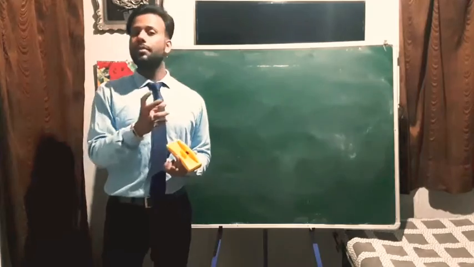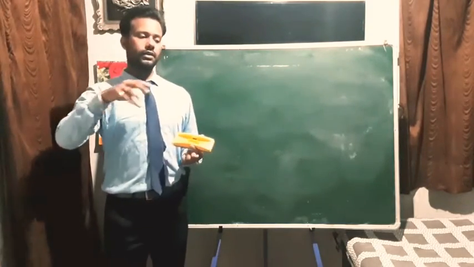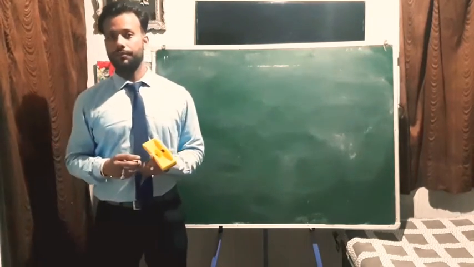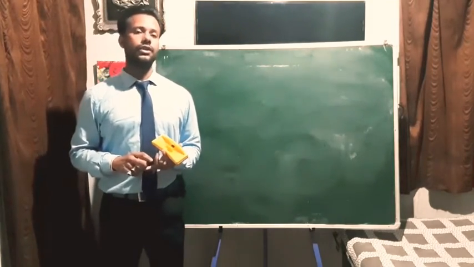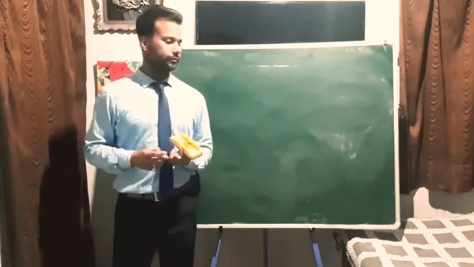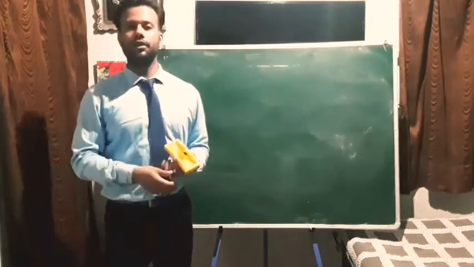But you have a new part in this, that is dimension analysis. Dimension you have not studied in class 9, so this will be the new part you will study, right?